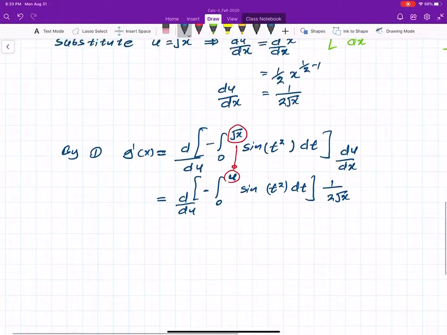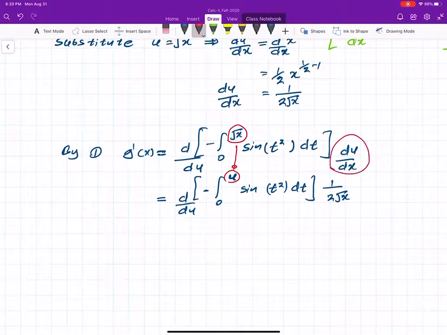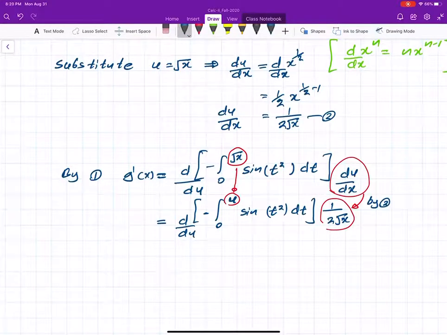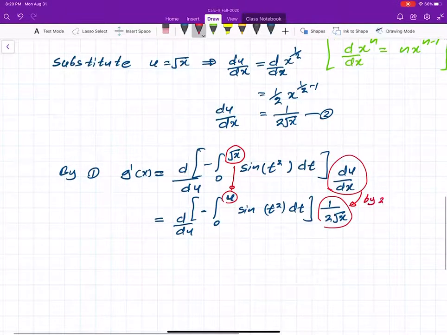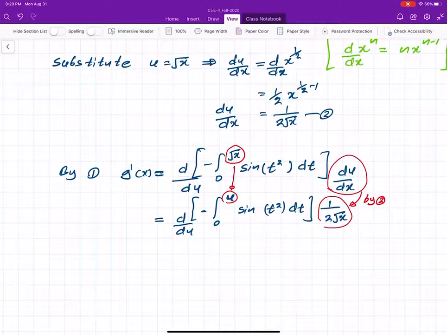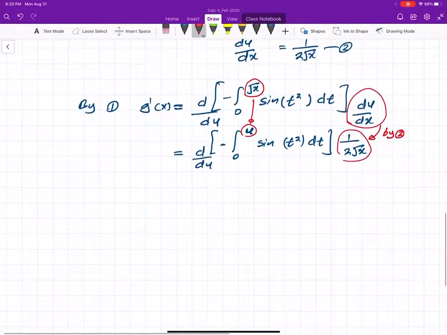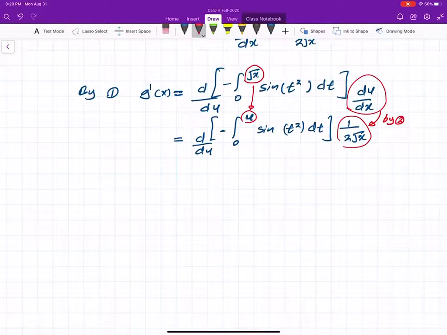Alright, there's a change from here to here. That change is supported by equation number 2. Let me rearrange this.